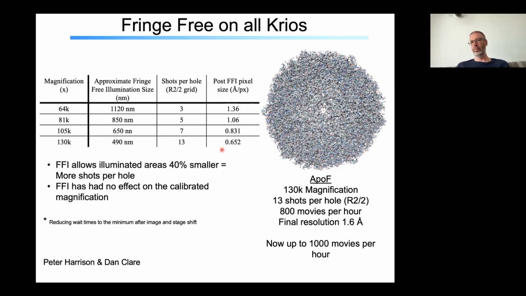That's the reduction of the Fresnel fringes that you get from your C2 aperture, which means you can use much smaller illuminated areas, which means you can take more images per hole, and which increases the speed. With optimal pixel size, mag and dose, we're up to about 1,000 movies per hour, the fastest we can go.